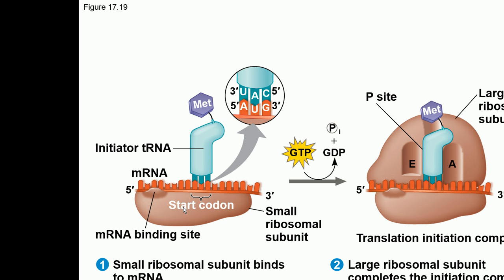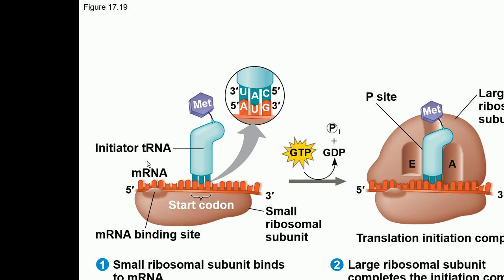Ribosomes have two subunits, and these two subunits are not together all the time. They are separate, and associate only during the process of translation. You can see here this mRNA binds on the smaller subunit of the ribosome. The smaller subunit actually walks on the mRNA, and it will keep walking until it finds the start codon, which is AUG.